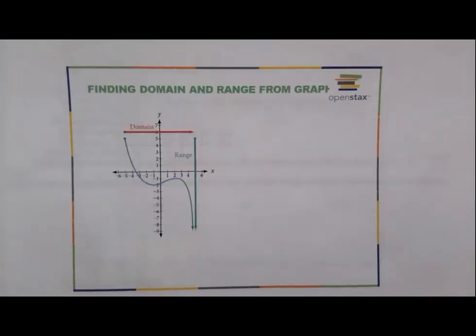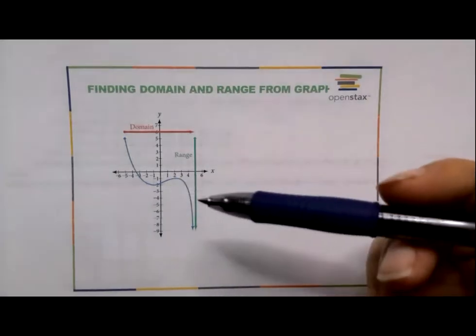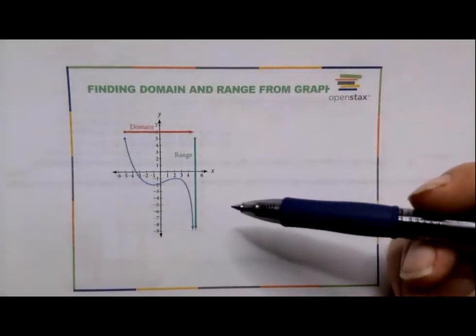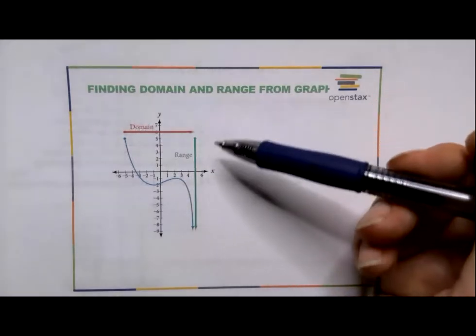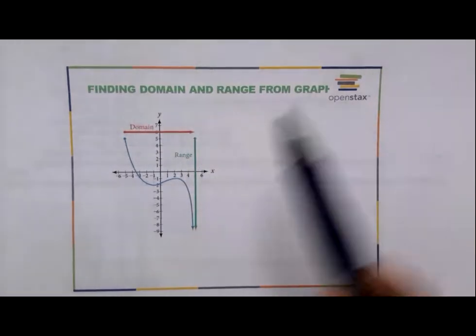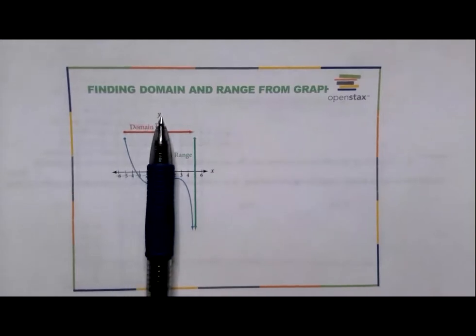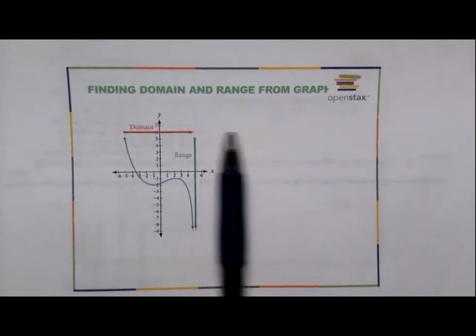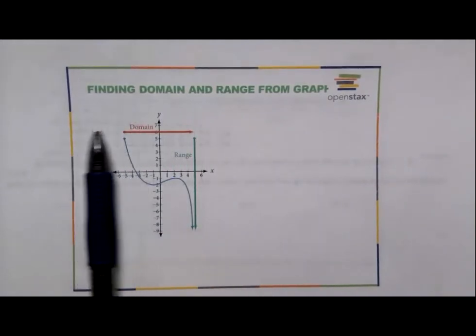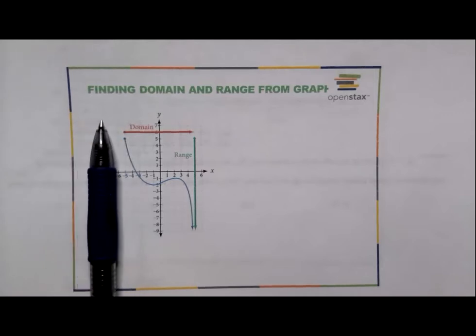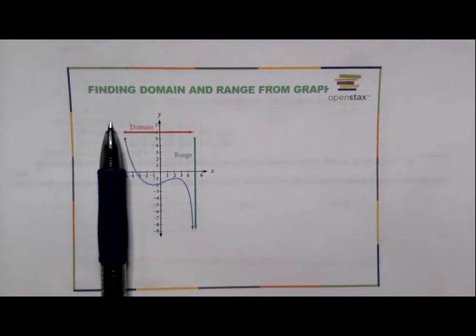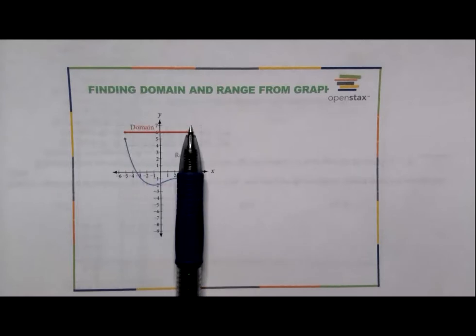Another way to present a function is by graphing the function. And in this case, the domain, we already mentioned that before in 3.1, is basically the horizontal stretch. So if you travel on the x-axis from left to right, where does your function begin and where does it end?